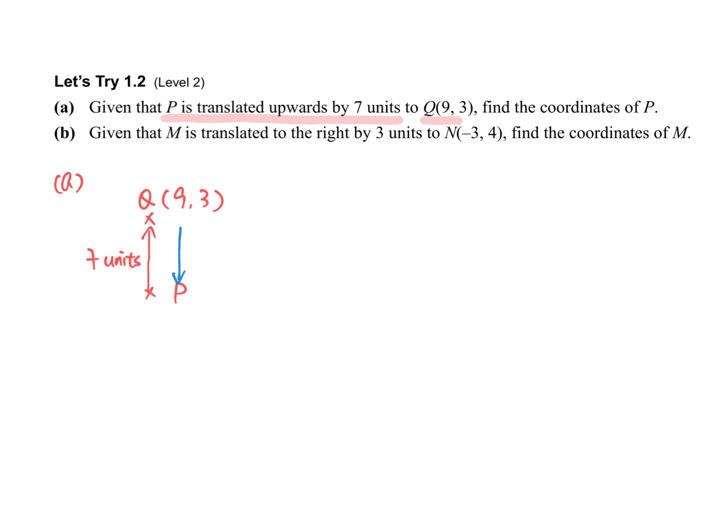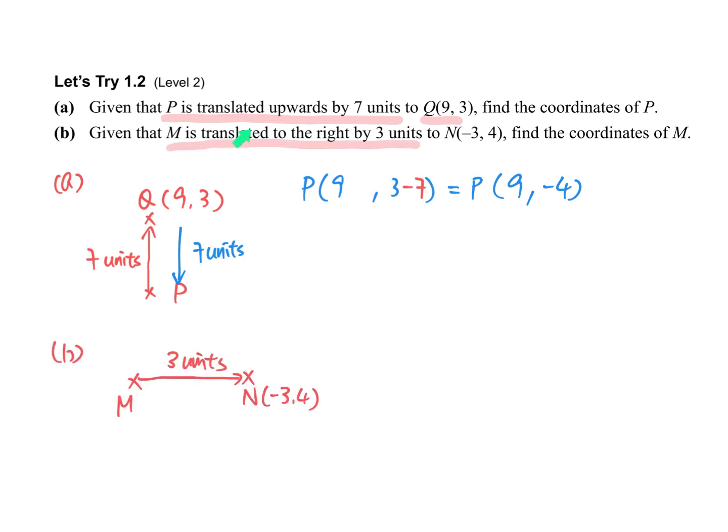It is like Q goes downwards for the same 7 units to P. So now let me do the translation downwards from Q. Starting point 9 and 3, and when it is going downwards, it is like the y-axis, so the effect will be on the y coordinate, -7. And P will be equal to 9 and -4.